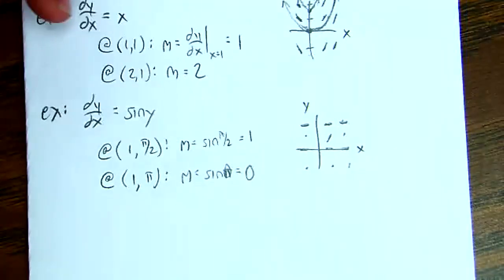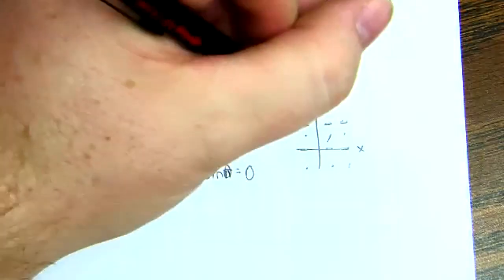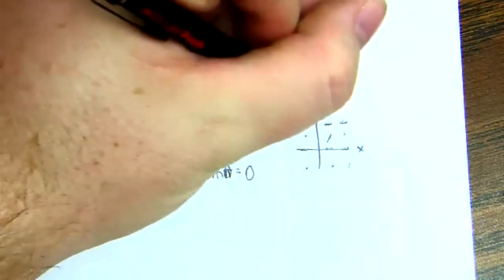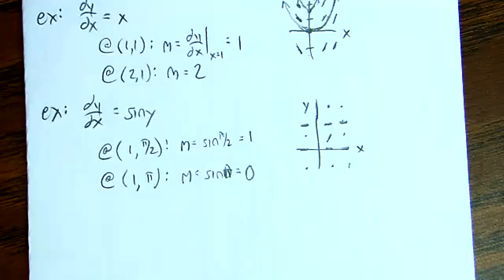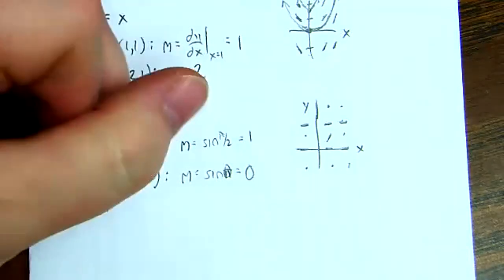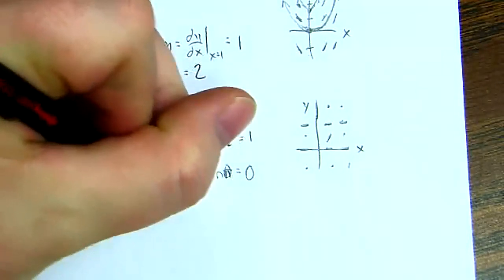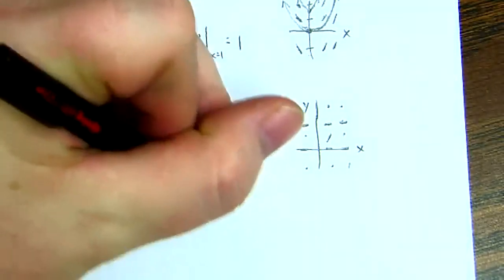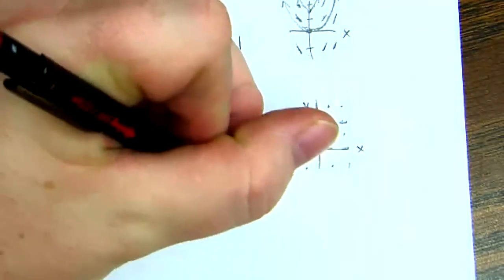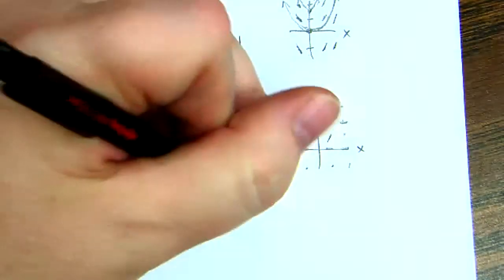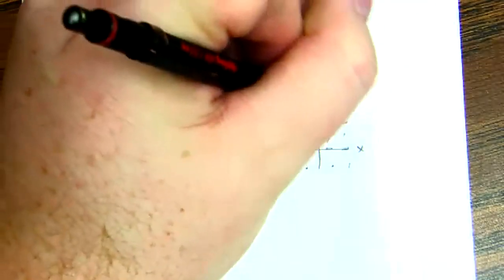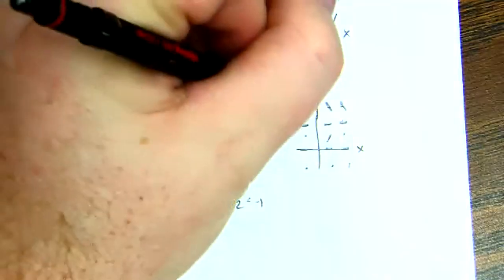Anytime the y value is 3 pi over 2, our slope is the sine of 3 pi over 2, which is -1. So here we have a slope of -1. And that's true for any of those y values.